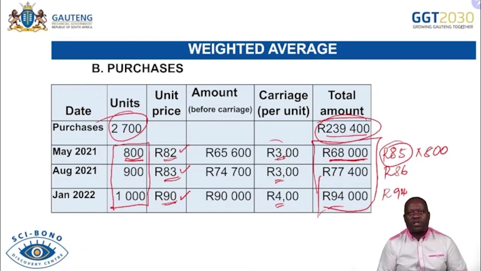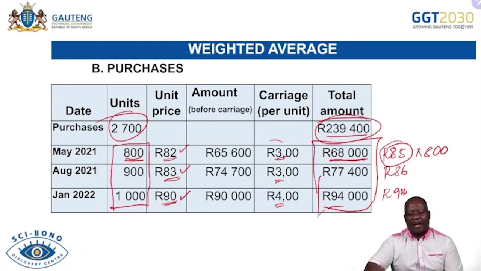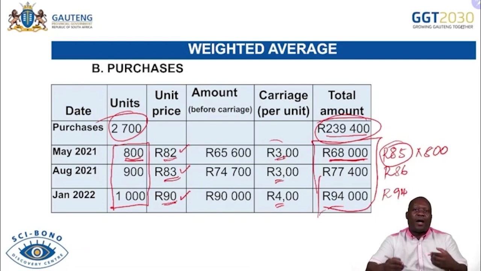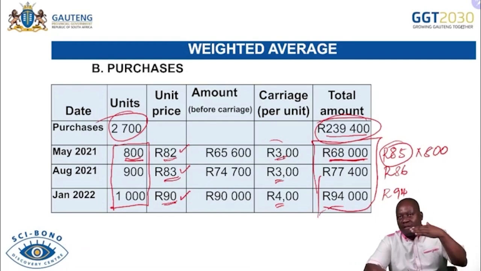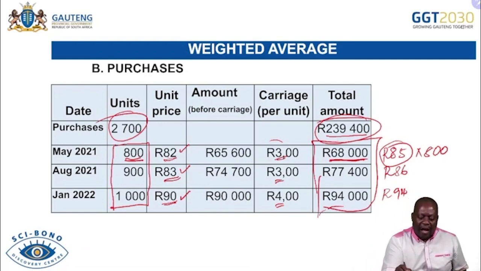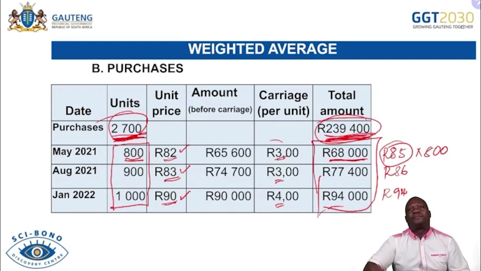Remember, carriages increase the cost of buying a unit. Now, we want to use this information in finding our value of closing stock. Remember, we said it's going to be value on top and the number of units at the bottom. So we are going to need this value on top and this number of units at the bottom. We'll see.